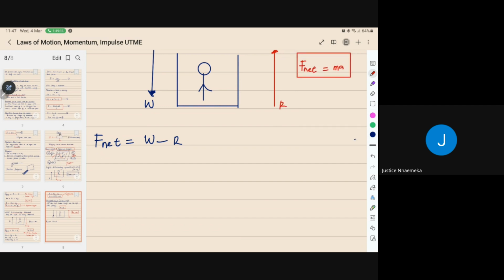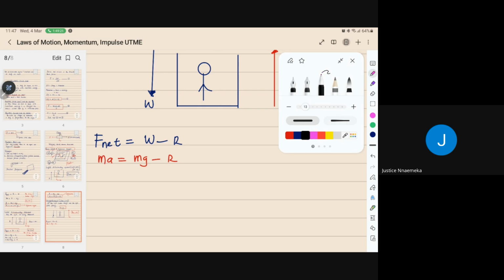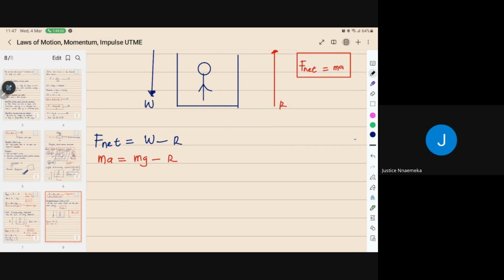So F net is MA, equal to W, which is MG, minus R. So let's simplify. If I do my normal mathematics, right, I'm going to have that MA minus MG is equal to minus R. Multiply through by minus, I'm going to have R is equal to MG minus MA.